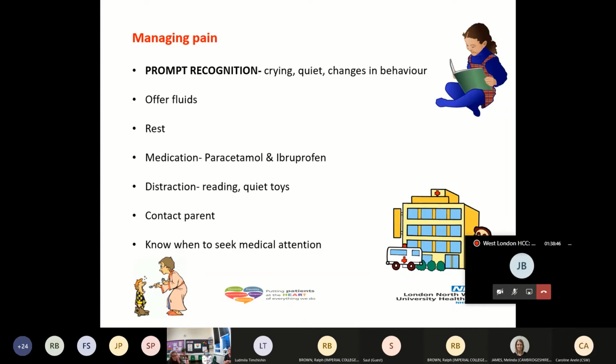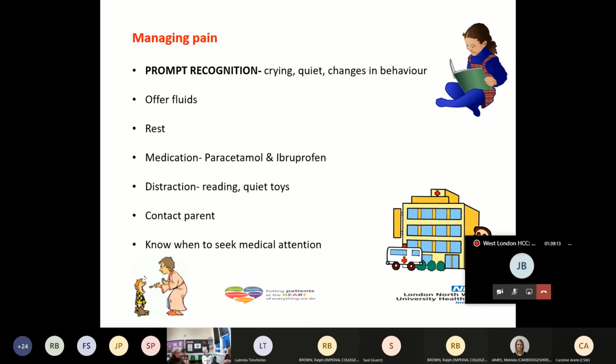So some children may cry, older children just may become quite quiet or withdrawn in themselves, or show any changes in their behaviour. The other first things to do would be to offer them some fluid, so encourage them to drink some water, allowing them to rest, having a bit of time out, giving them some medication. And Caroline spoke about the 2 first-line medications that are routinely given, which are paracetamol and ibuprofen. And I would hope that most parents of children with the condition have signed a consent for schools to give these medications.